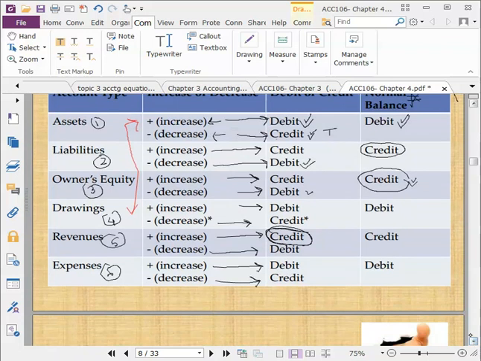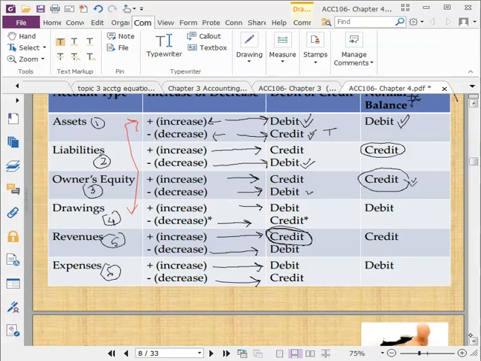Can you revise back and understand what I'm talking about regarding the effect or the double entry? Who is still confused about this debit and credit? Is that clear?